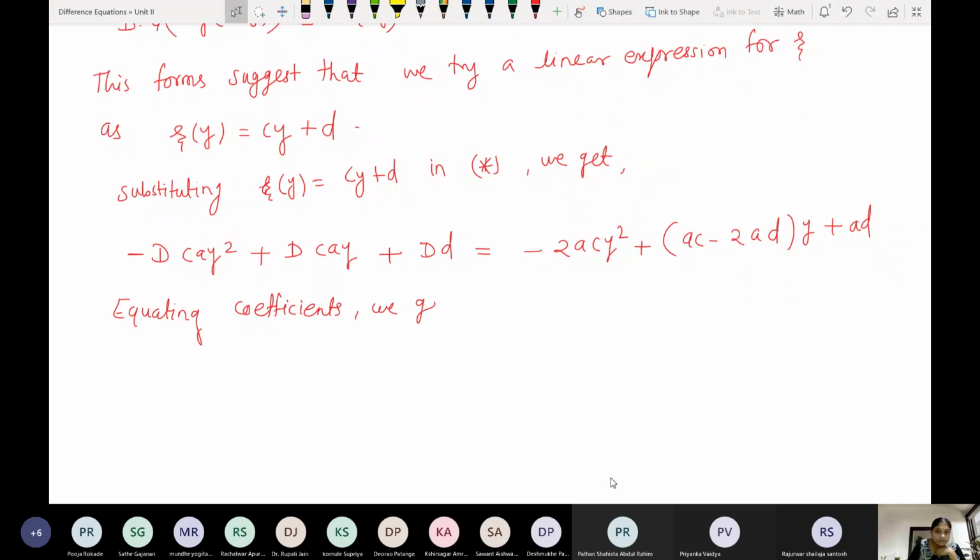Now equating the coefficients of y square, y and the constant, what will I get?